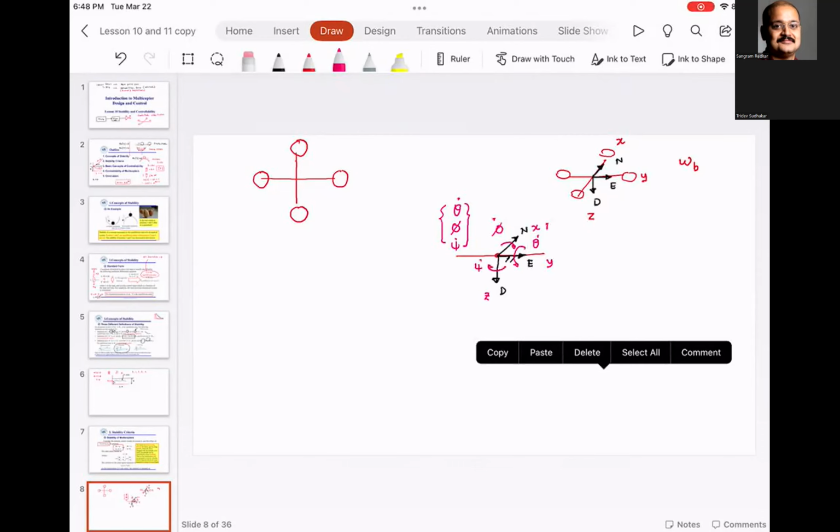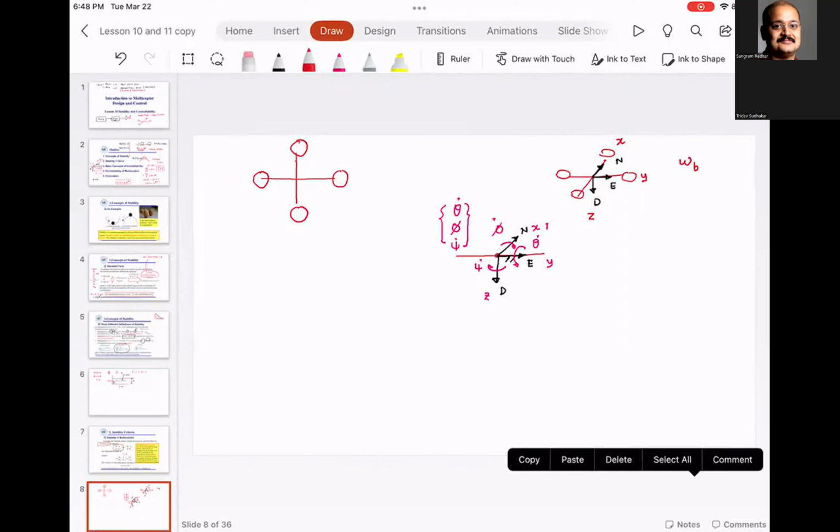Now, what is the rotation about in the body frame, and this is actually super duper important, so please pay attention. Okay, so this is omega x, this is omega y, and this is omega z.